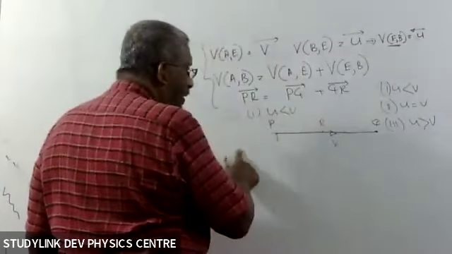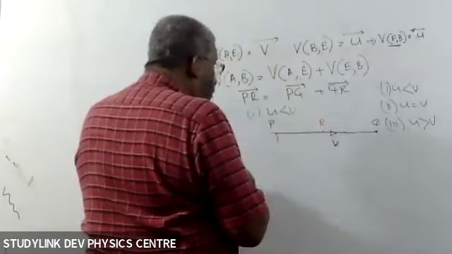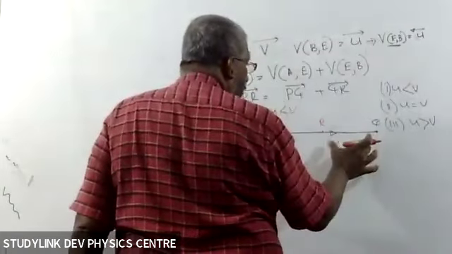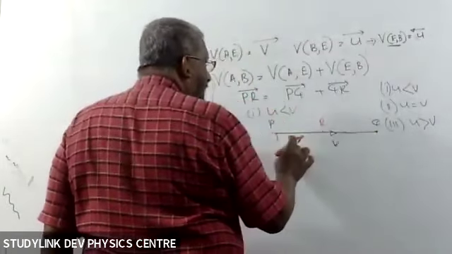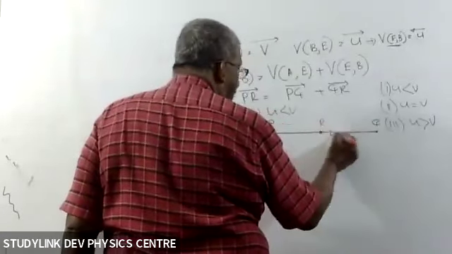Then our position is P to Q, V. Then Q to R, that is U, but the U value is less than V. So R must be somewhere here.